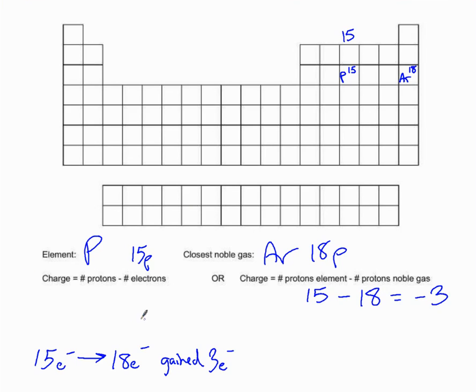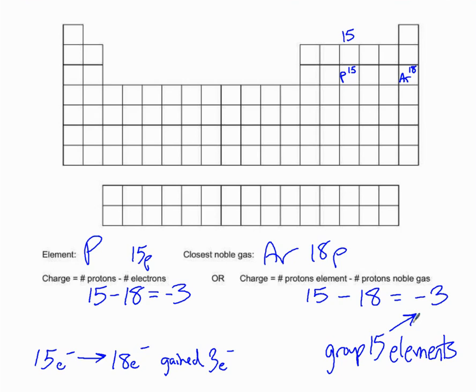So in terms of over here with the definitional part, protons 15 minus electrons for the ion, which is 18, equals negative 3. Group 15 elements are going to have a negative 3 charge.